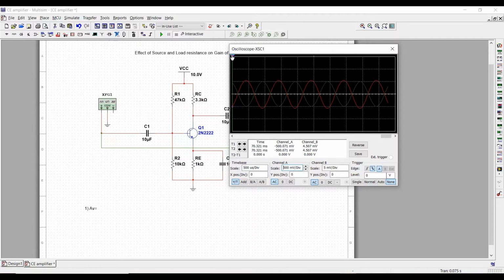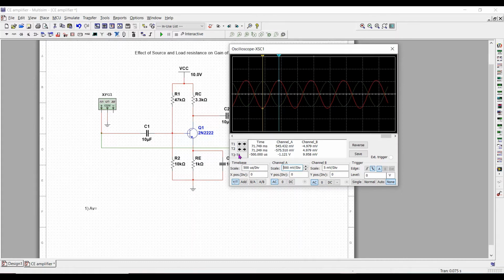There are two cursors over here, 1 and 2. Take the second cursor to the positive peak of the input and take the first cursor to the negative peak of the input. This will give the peak to peak value of the input and the output waveforms.